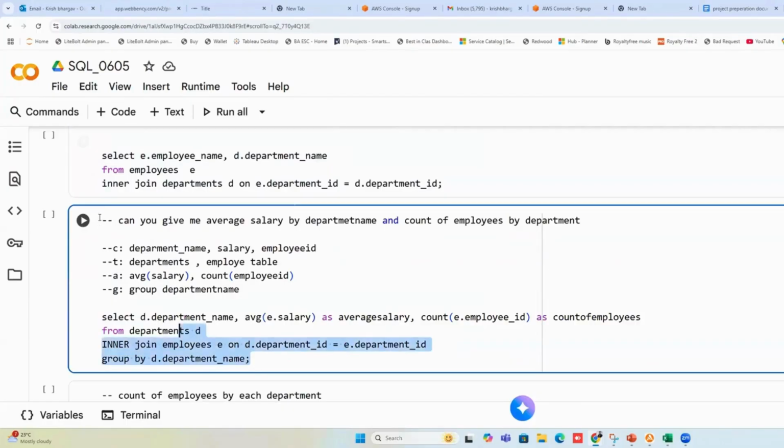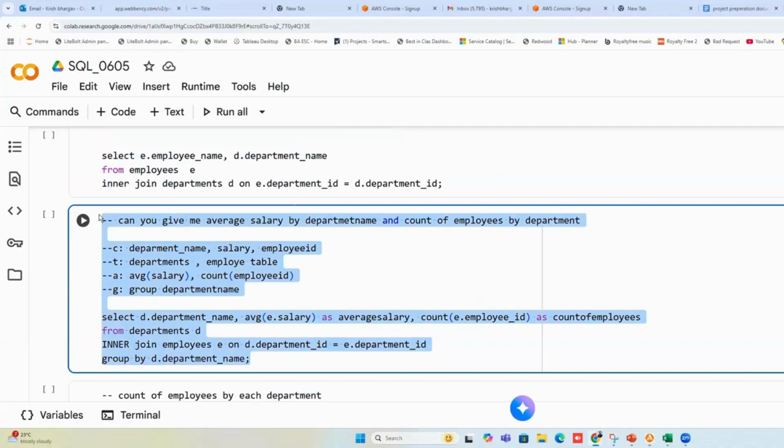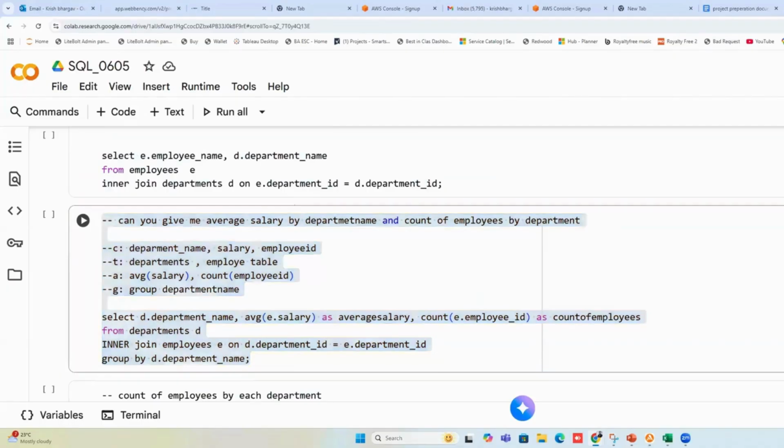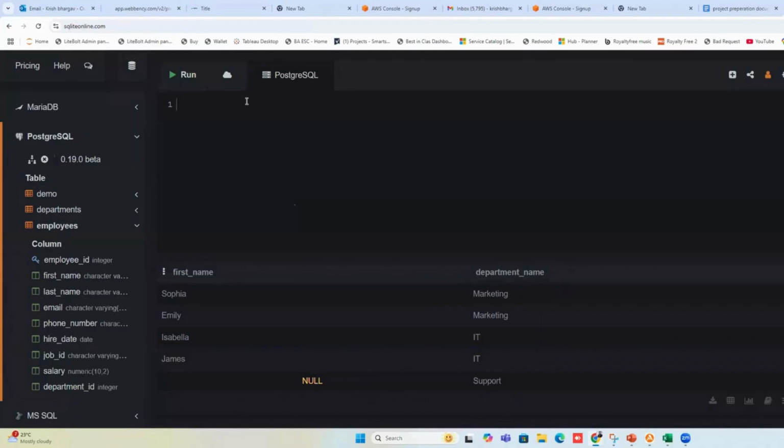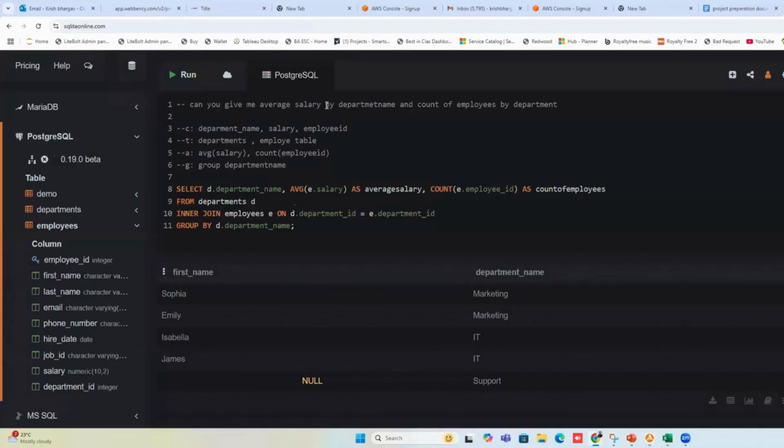Okay, now there is grouping here. Can you give me average salary by department name? See, by is there. By means grouping is there. Grouping by name and count of employees by department. Which means I am going to group them by department.